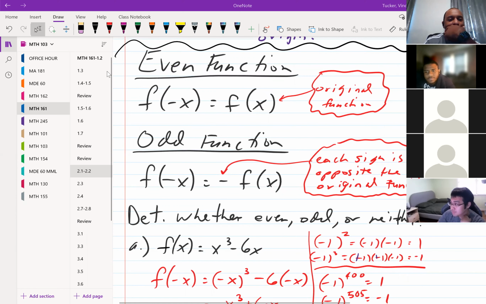I'm having trouble with some of the homework questions for 1.4. Okay, let me ask you this. You said some of the questions. Is it something that you would like to meet individually and iron out those details?